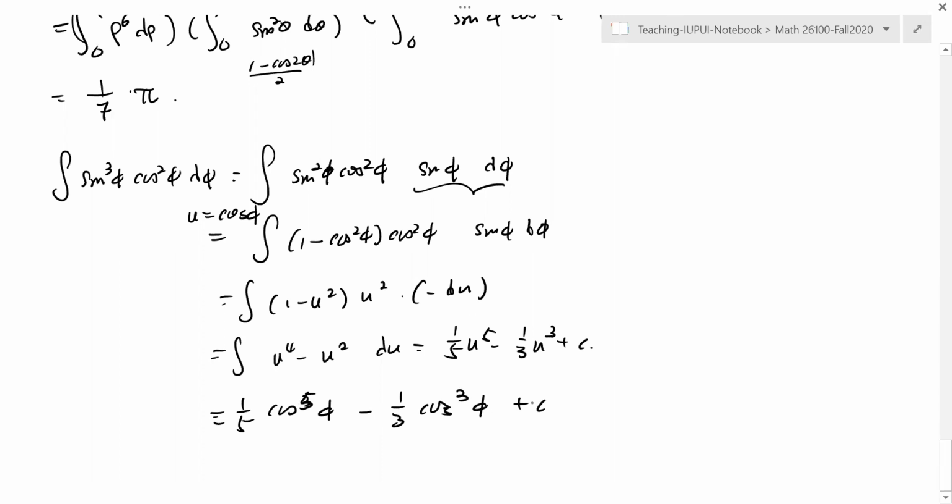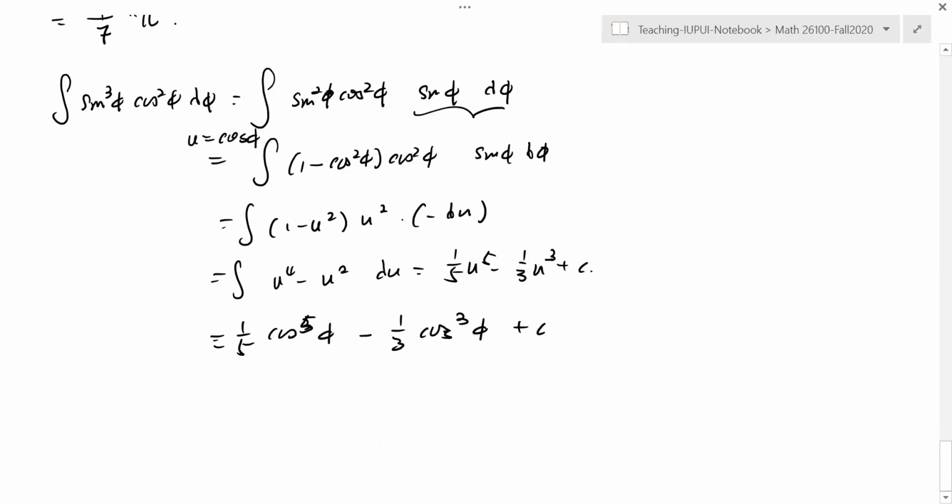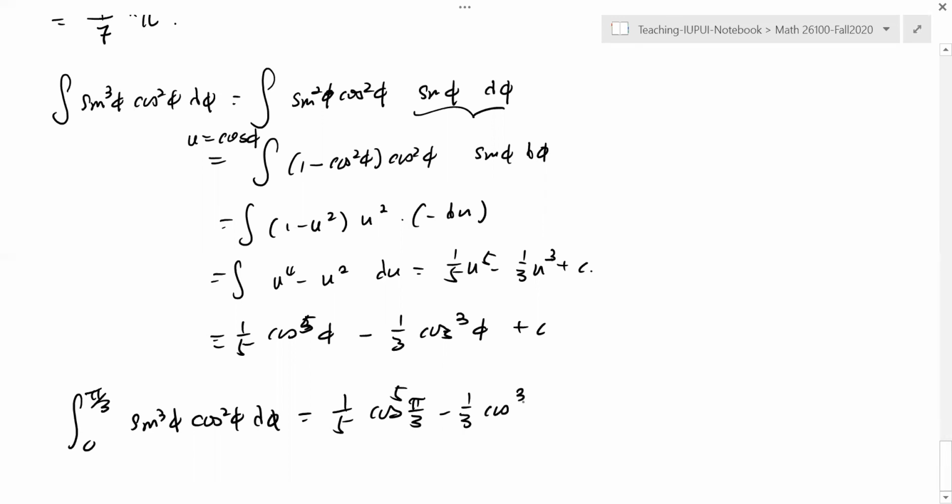So this is the antiderivative. All right. And then the integral from 0 to pi over 3 is going to be the difference of the values at the two endpoints. So the first one is 1/5 cosine pi over 3 to the 5th minus 1/3 cosine pi over 3 cubed.